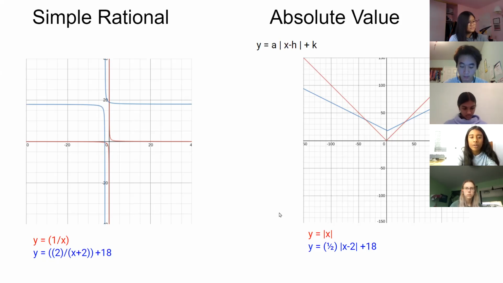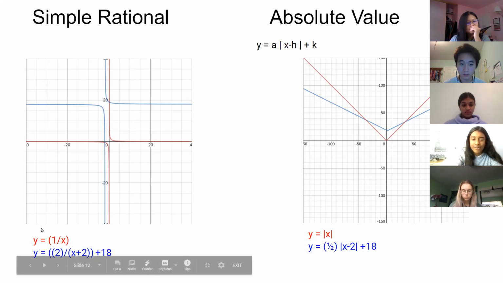Like if you have 1 over 0.001, you'll have a high value, 1 over 0.001 is 1000, and then 1 over 0.0001, and so on. So as it gets closer to 0, the function blows up, and if it's negative, then it goes downwards in the negative direction. And if it's 0, then the function completely blows up, it becomes undefined. So that's why the y value at x equals 0 is undefined.